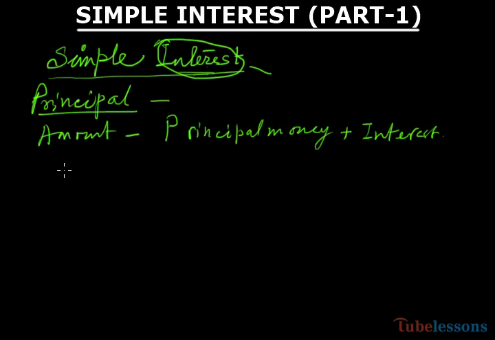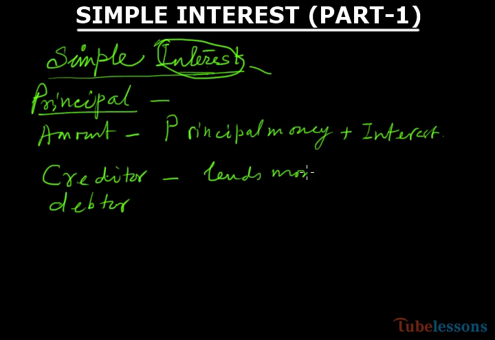So here we use two terms: one is creditor, the other is debtor. Creditor is the organization who lends money, and debtor is the one who borrows money.